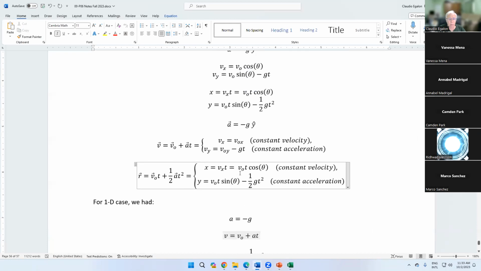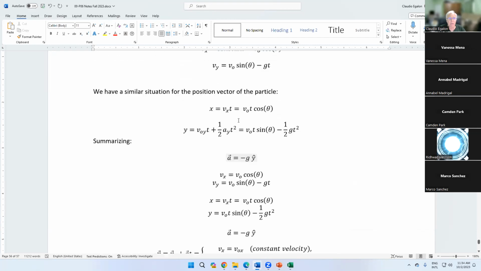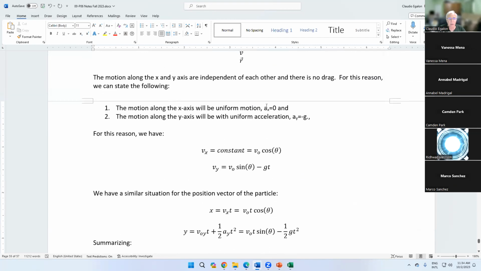In this two-dimensional problem, we end up having almost twice as many equations, right? We have 5 scalar equations. We do not have 6 scalar equations because the x component of the acceleration is equal to 0.